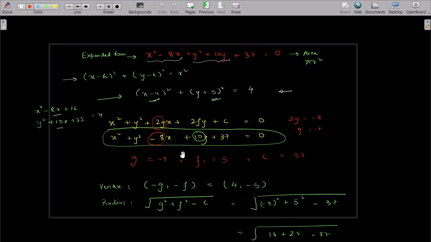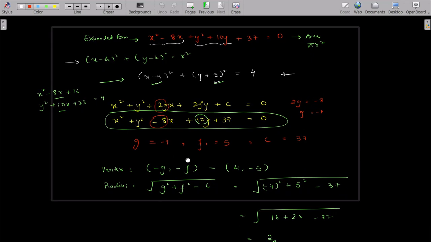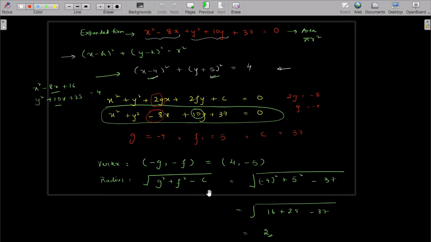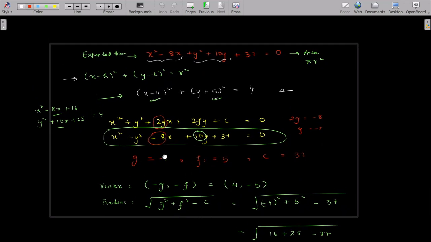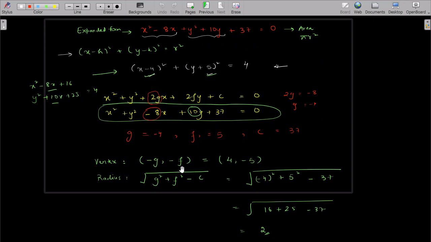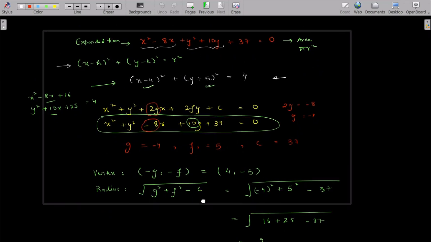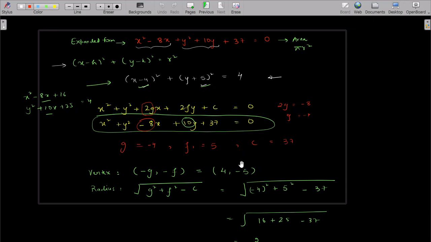Then we did a shortcut which allows us to find the center and the radius by just using this formula: negative g comma negative f, and radius is square root of g squared plus f squared minus c. I'll be uploading these notes in the folders, so you can refer to them anytime.